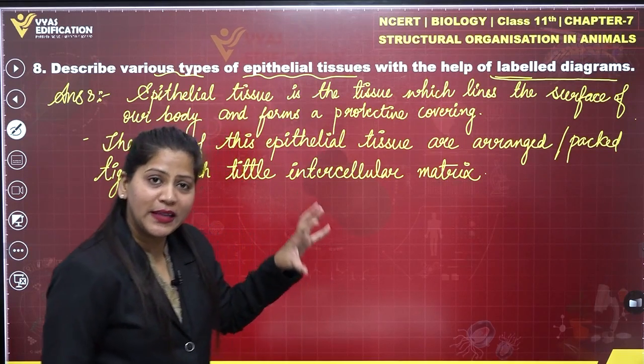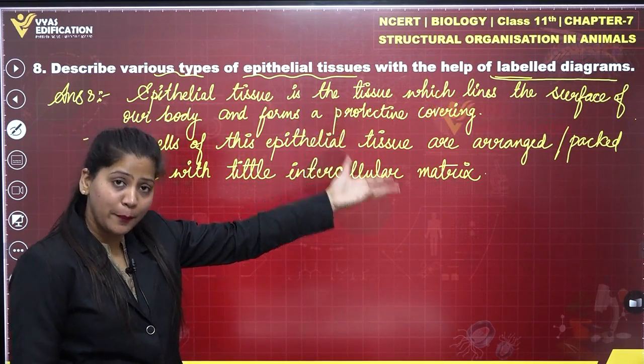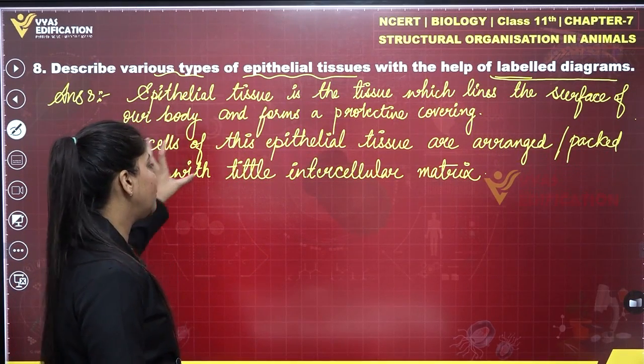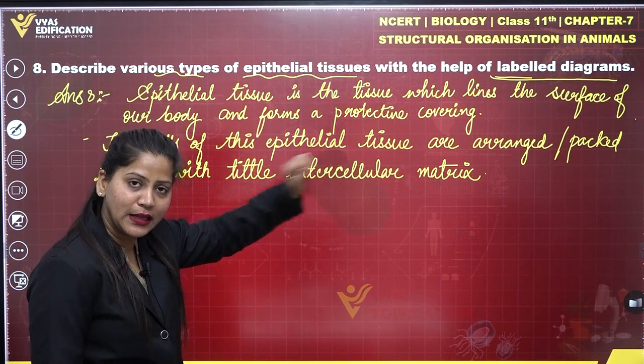So the cells of epithelial tissue are arranged or packed tightly with the little intercellular matrix. So this is the basic definition of epithelial tissue.